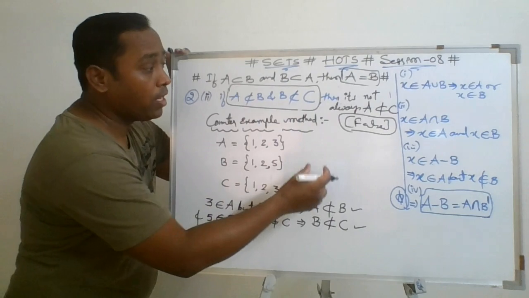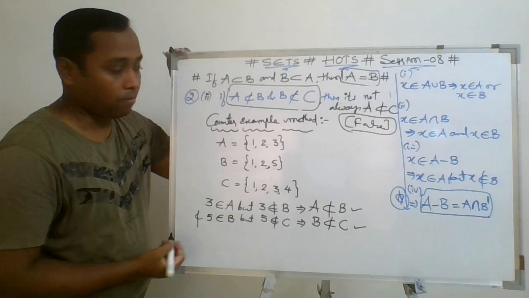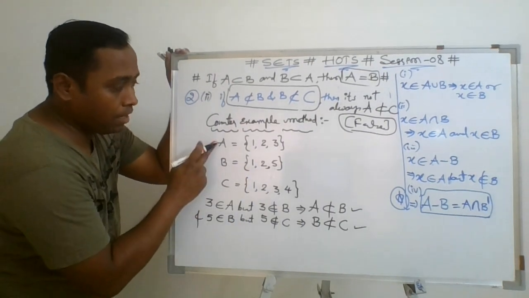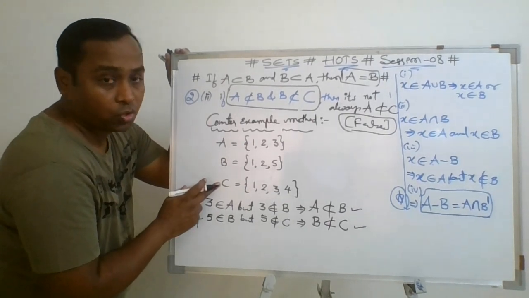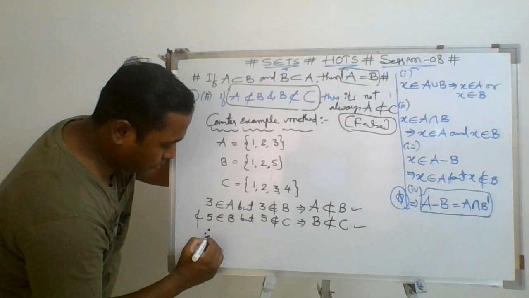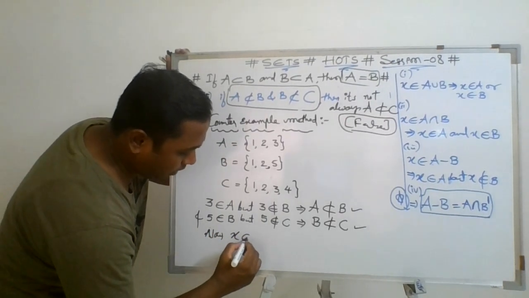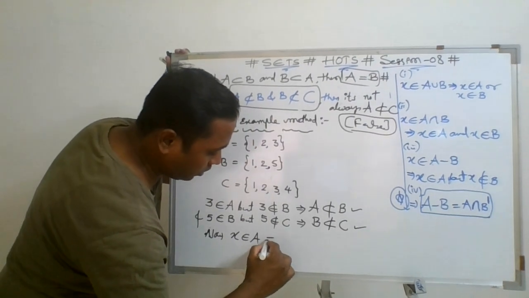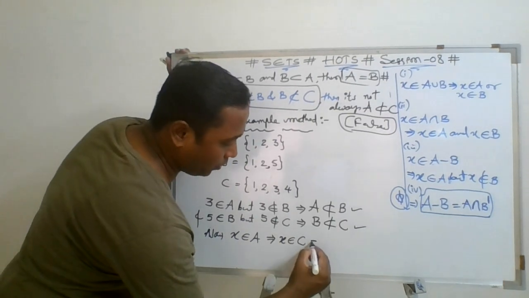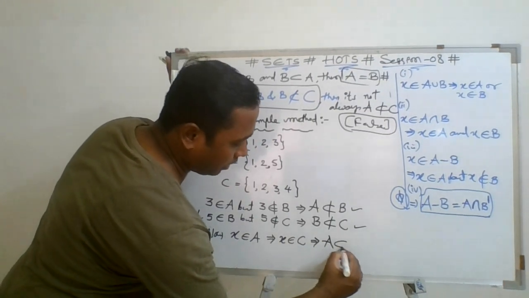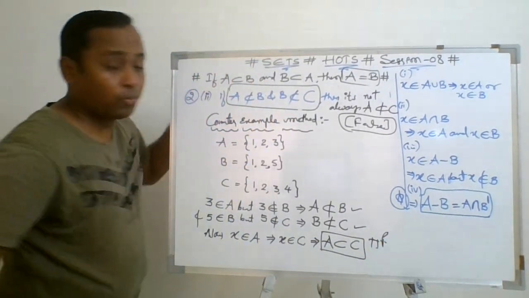Now what I have to prove is that it's not always true that A is not a subset of C. If you see here, every element of A is in C. So x is an element of A, which implies that x is also an element of C, which implies that A is a subset of C. So hence proved.